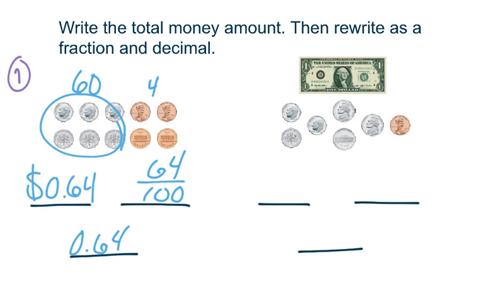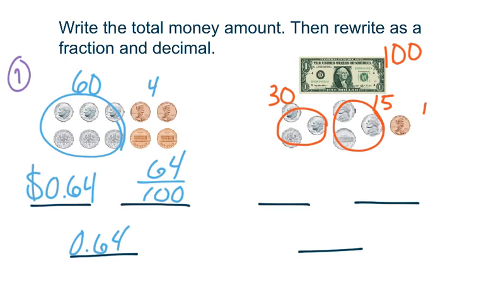And then the last one of these, go ahead and add all this money amount up. What do you get? Well, my dollar is worth 100 cents. Then I have 3 dimes that are worth 30 cents. I have 3 nickels that are worth 15 cents, and I have 1 penny.